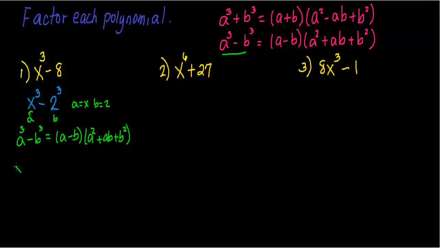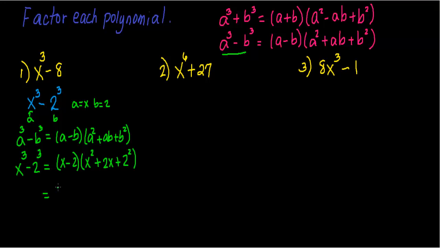So x cubed minus 2 cubed, which is the original polynomial, is equal to A minus B, that's x minus 2, times A squared, that's x squared, plus A times B, that's x times 2, which is 2x, plus B squared, and B squared is 2 squared. And there you have it.